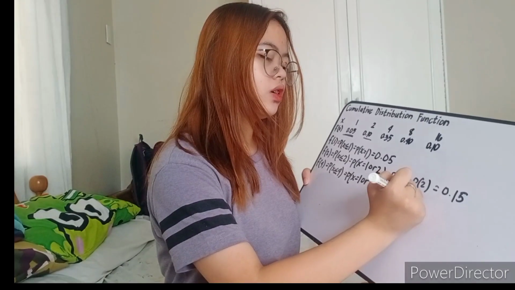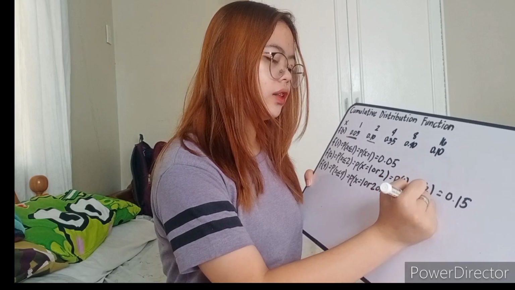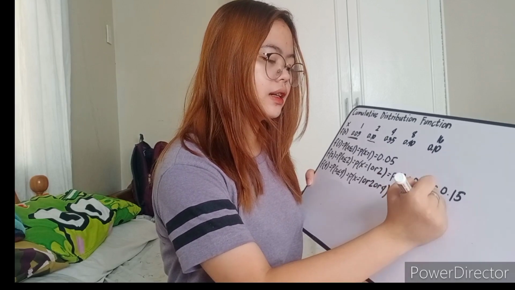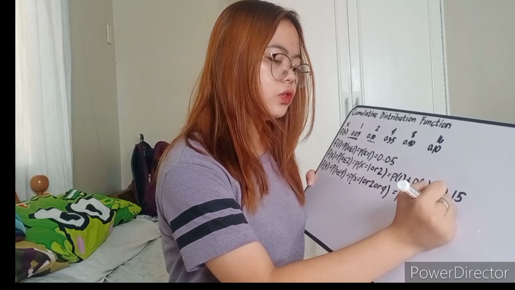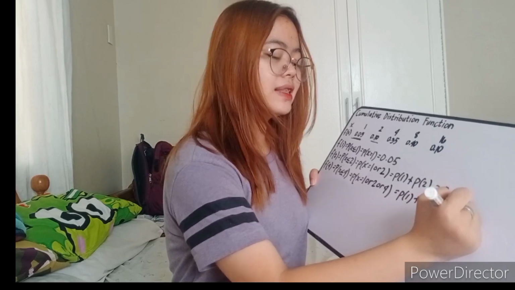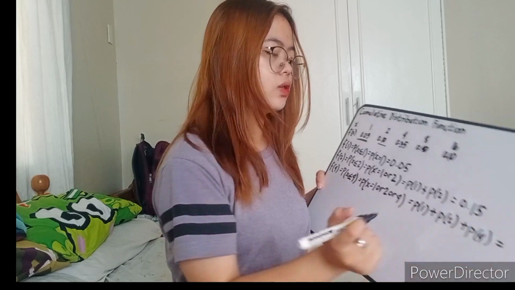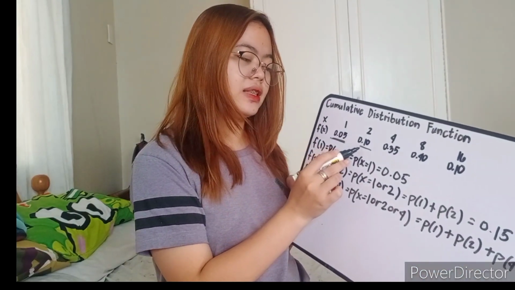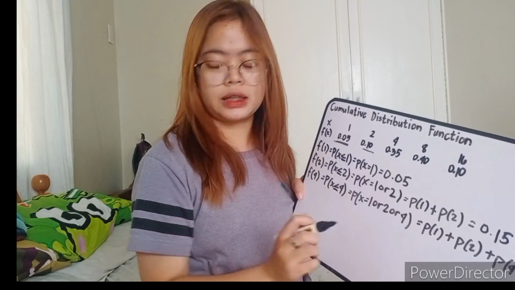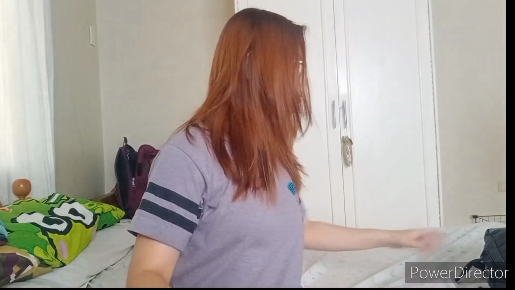So, is equals to the probability of 1, P of 1 natin, plus P of 2 plus the probability of our 4 is equals to 0.05 plus 0.10 is equals to 0.15.